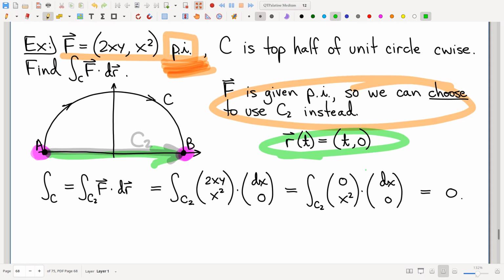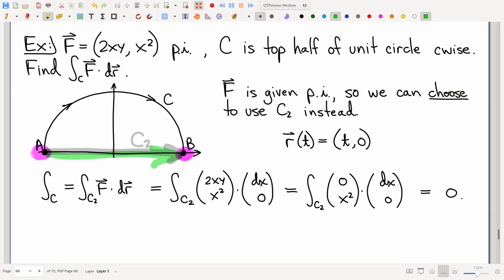The integral breaks down pretty great in a couple of different ways. For one thing, notice, because y is always 0, my new curve says right here, y is always 0. Well, that allows me to rewrite that as that. If y is 0, then 2xy is also always 0.